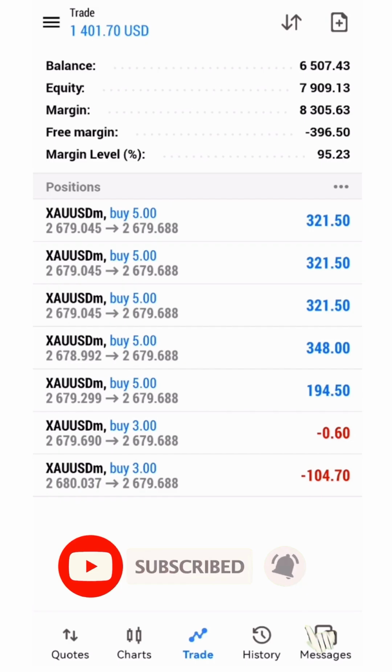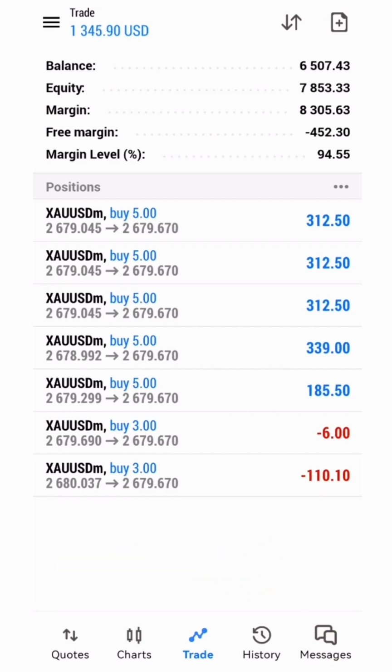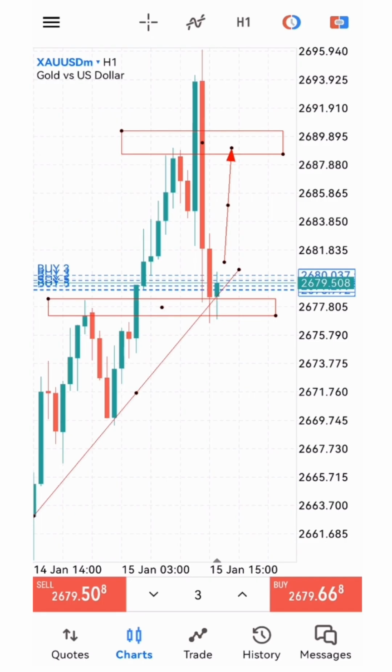But as I told you, with larger entry sizes, a fluctuation of even $500 to $700 is considered small. You can see it from the candle. That candle is not moving from its place that much, but the fluctuation is about $200, $300, and sometimes even $700. But with larger balances, it is not considered big.